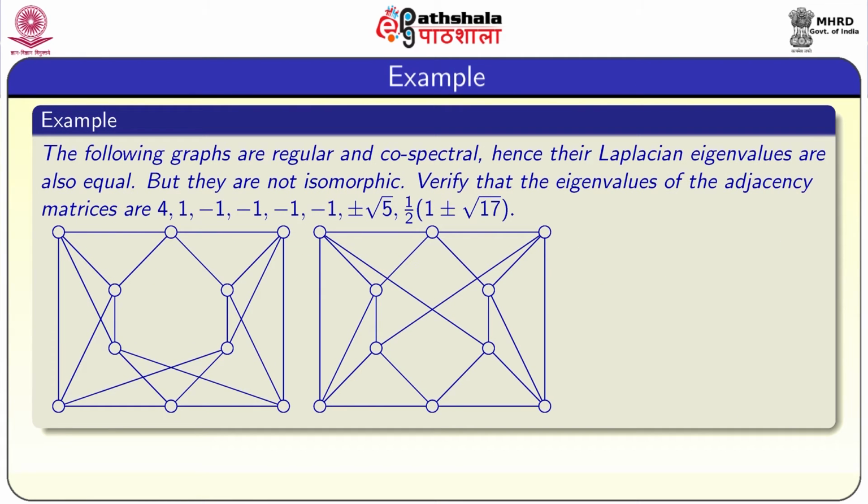Now, this is another example. The following graphs are regular and co-spectral, hence their Laplacian eigenvalues are also equal, but they are not isomorphic. So, these are examples of non-isomorphic graphs, but their Laplacian spectrums are equal. Verify that the eigenvalues of the adjacency matrices are 4, 1, minus 1, minus 1, minus 1, minus 1, plus or minus root 5, and 1 by 2 times 1 plus or minus root 17.